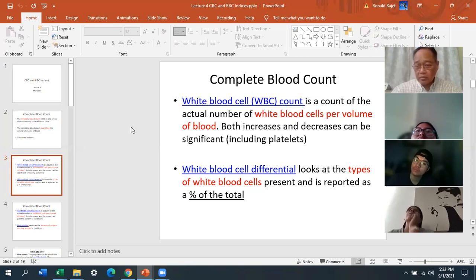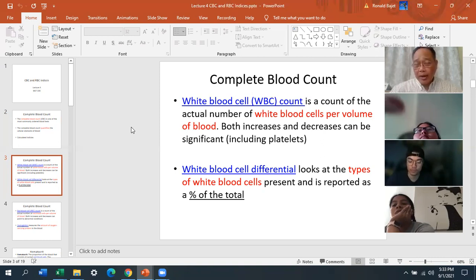Higher than 11 is bad? Yes, but there's a term. Is it leukocytosis? Correct, leukocytosis.